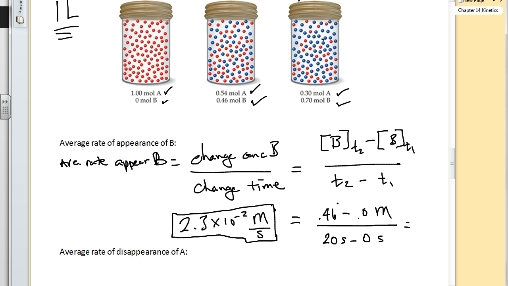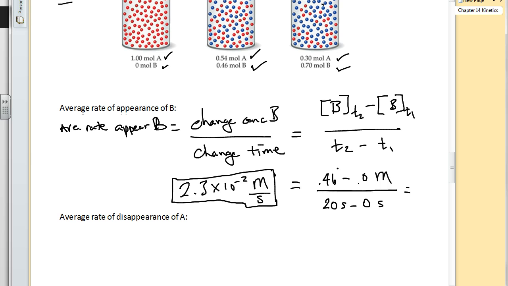Okay? Now, let's talk about the average rate of disappearance of A. And we're going to do it the same way. The average rate of disappearance of A is going to be equal to negative, and it's negative because it's disappearing, the change in concentration of A. Remember, concentration is just molarity, over the change in time. Okay?